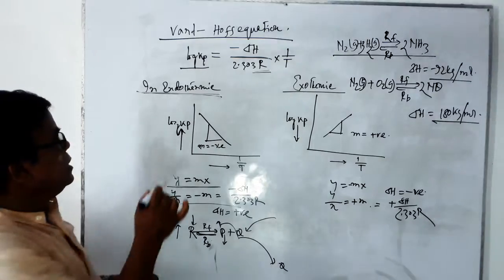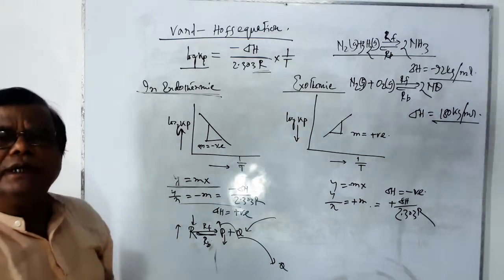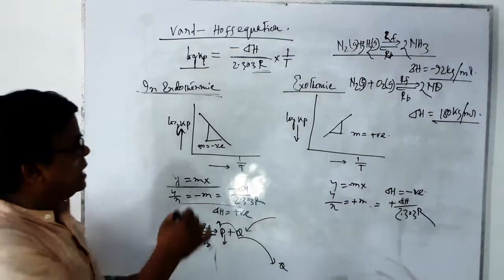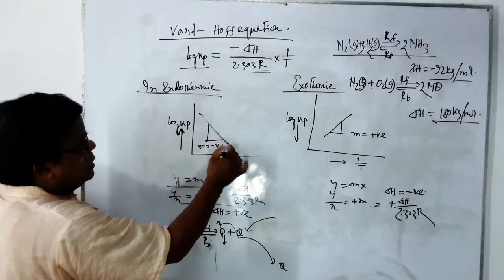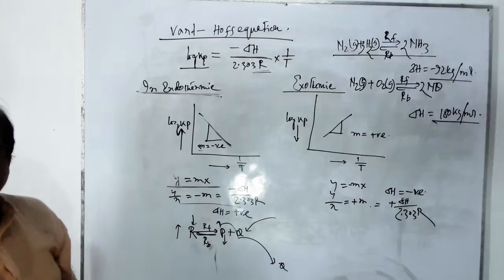At the same time, log Kp must increase, and in that case the slope of the graph will be negative.